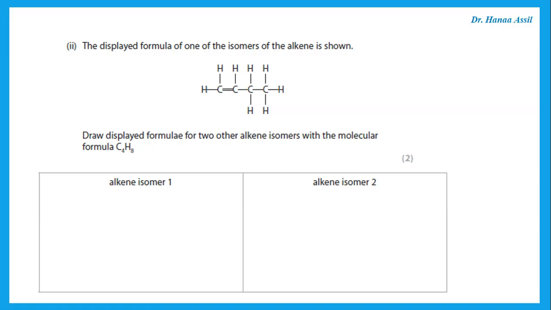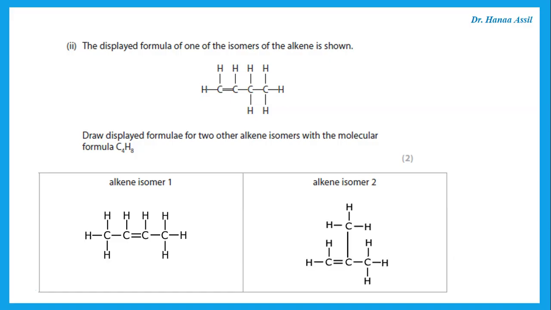So how can we draw an isomer of but-1-ene? The double bond is on one end, so I can put the double bond in the middle. That's but-2-ene, that's one isomer. And then we said, what is the third isomer? Instead of putting all 4 carbons in one chain, I can put 3 of them, and then the fourth is in the middle, attached to the carbon in the middle, not on the end.